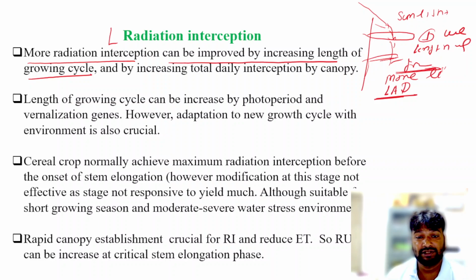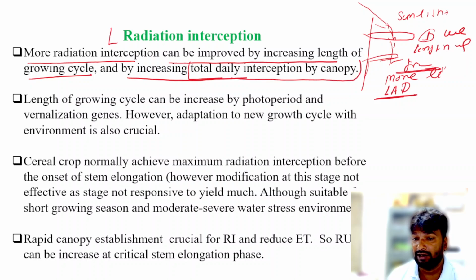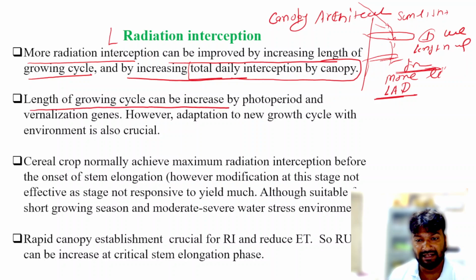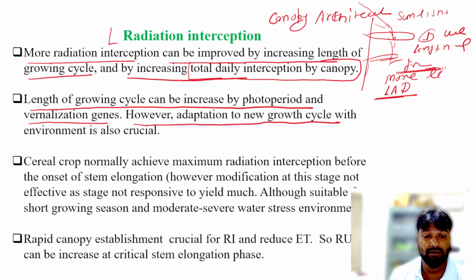Our second approach is that we can increase the total daily interception by the canopy, or we can improve the canopy architecture. It improves the interception efficiency. The length of the growing cycle can be increased by photoperiod and vernalization genes. However, adaptation of the new growth cycle to the environment is also crucial.